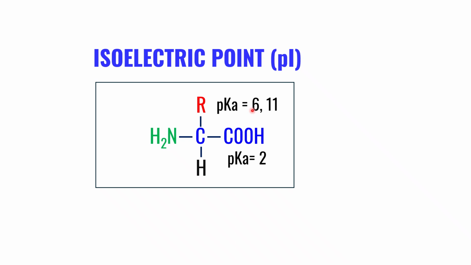For example, in histidine its pKa is 6 and in the case of tyrosine the pKa is 11, and the amino group has a pKa in the range of 9 to 10. So this piece of information you should know, and also you should know how the charge on this molecule will be affected by changing pH around their pK values.